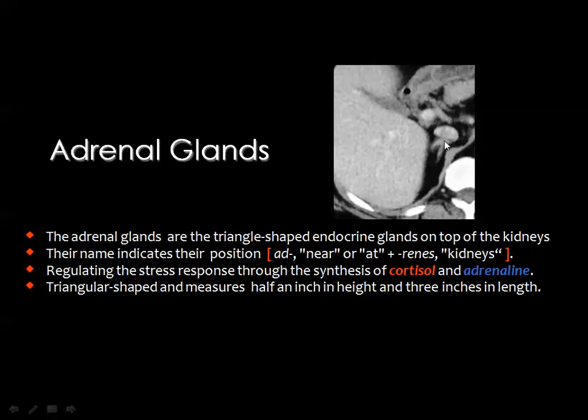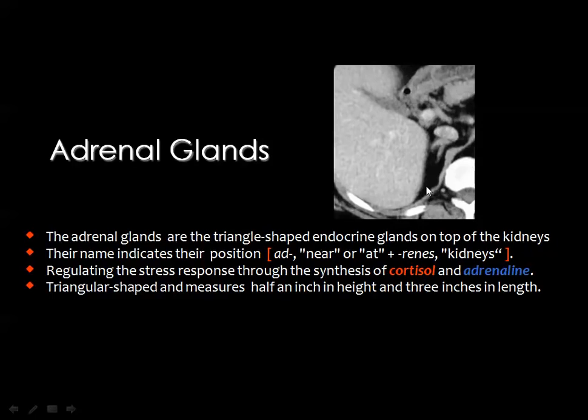Then the adrenal gland is in the form of an inverted Y configuration. It is seen in the retroperitoneal space just above the upper wall of the kidney, and there should be some adequate retroperitoneal fat so that you are able to see the adrenal gland.